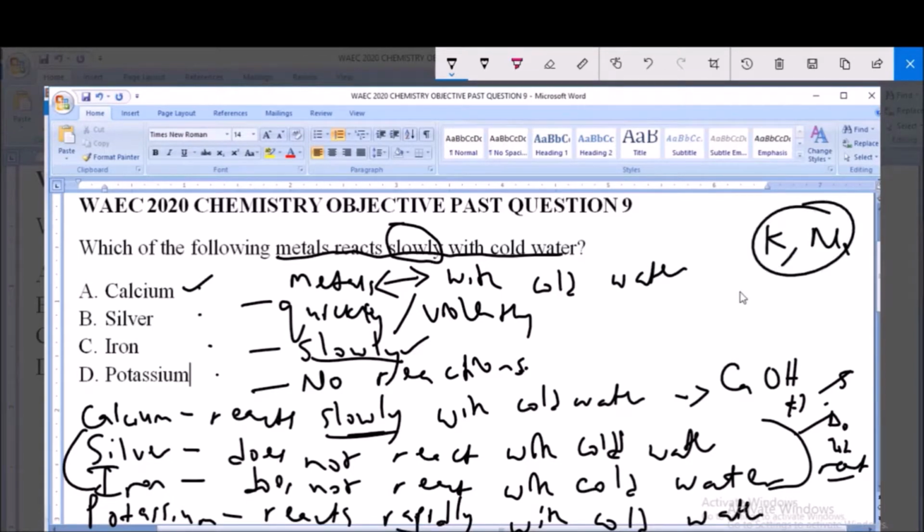And as you progress down the electropositive series of metals, the reaction with cold water decreases. So calcium, which is a group 2 metal, reacts slowly with cold water. So option A, calcium, is the metal that reacts slowly with cold water, and the answer to this question.